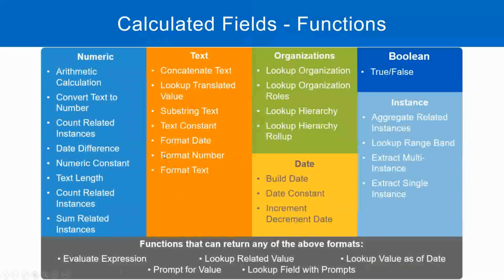So here are the different calculated fields that we have. They can be of 2 broad categories. One is the category of calculated fields which will return a fixed format of output. Format, meaning either it will be number or text or organization or data boolean. So those are the ones right here at the top.